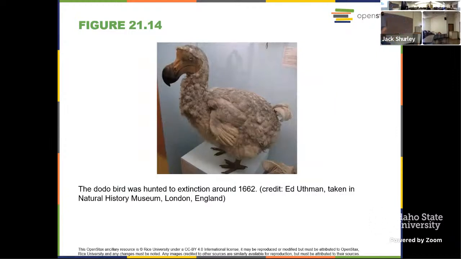There are numerous things that we can recognize as extinction events, like this example with the dodo, hunted to extinction in the 1600s. And ultimately these dodos, these flightless birds, had no clue of any sort of human interactions.